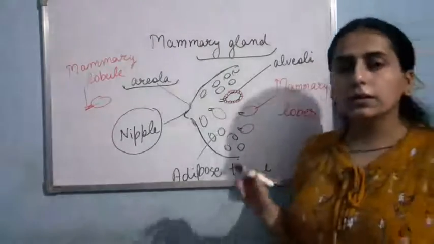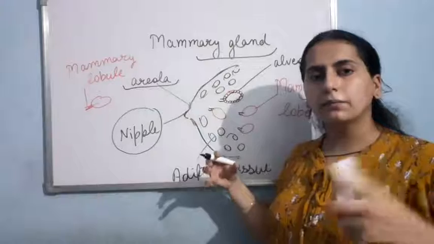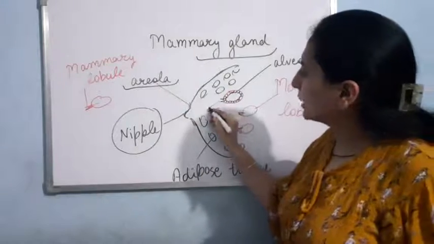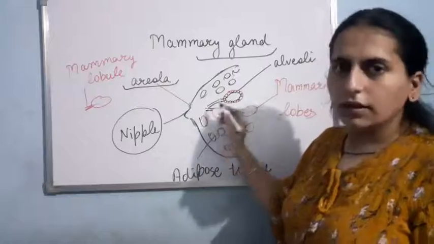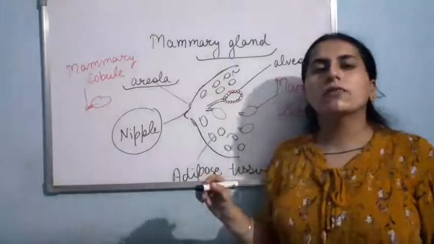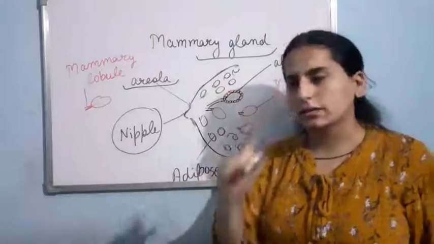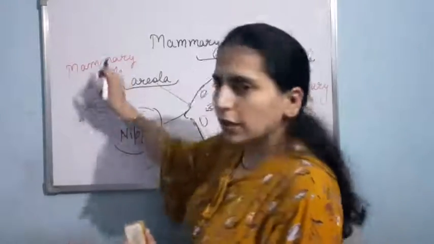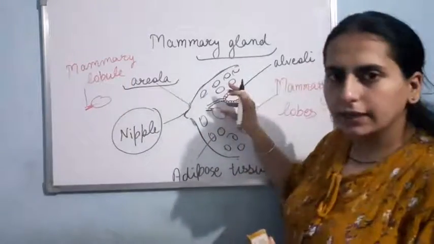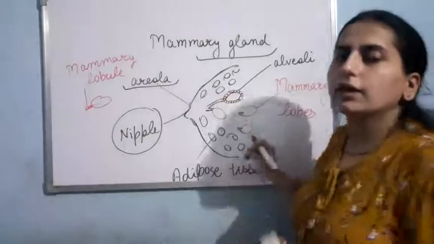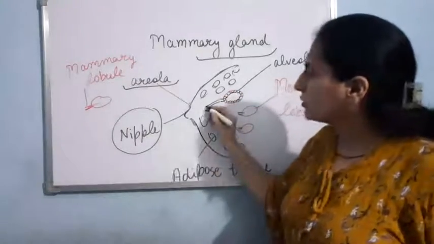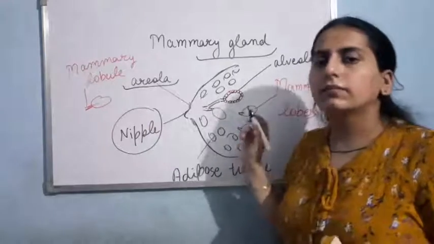After that they will get merged. Suppose these two get merged. This results in the formation of a mammary duct. When the ducts of certain lobes get joined, it results in the formation of a duct known as the mammary duct.